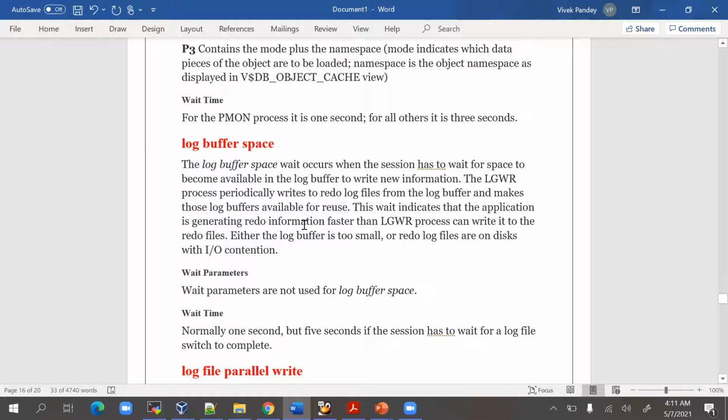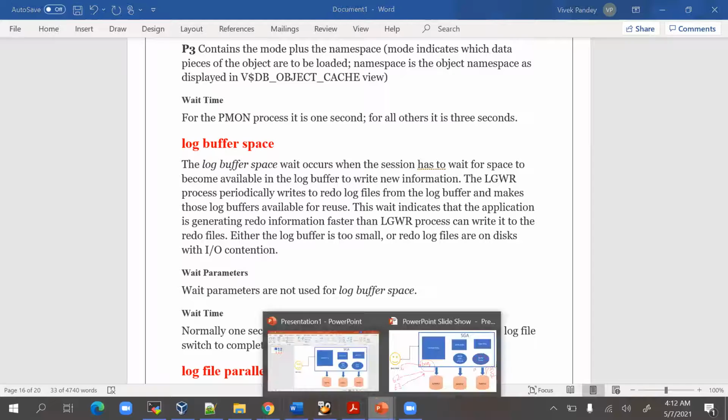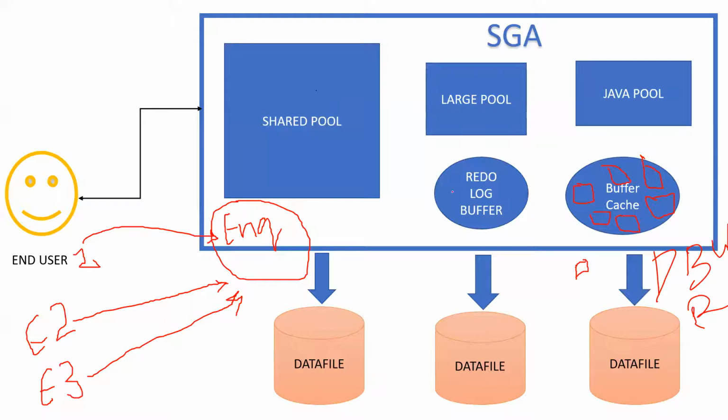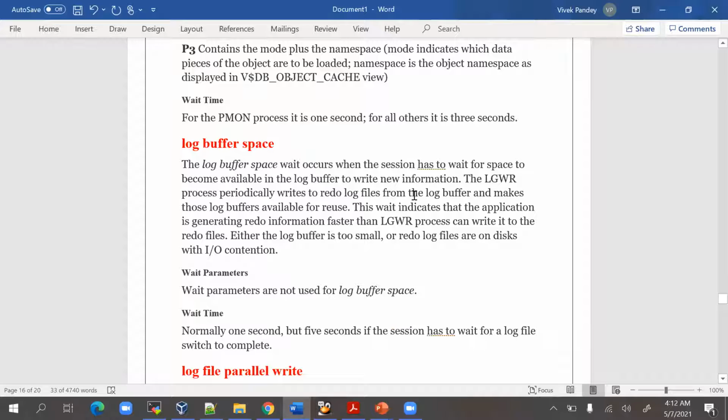So next one is log buffer space. Again, now we are moving to some other components. The log buffer space wait happens when the session has to wait for space to become available in the log buffer to write the new information. If you go to this diagram, here we have the log buffer. If there is no adequate space available in the redo log buffer, then your request has to wait for log buffer space.